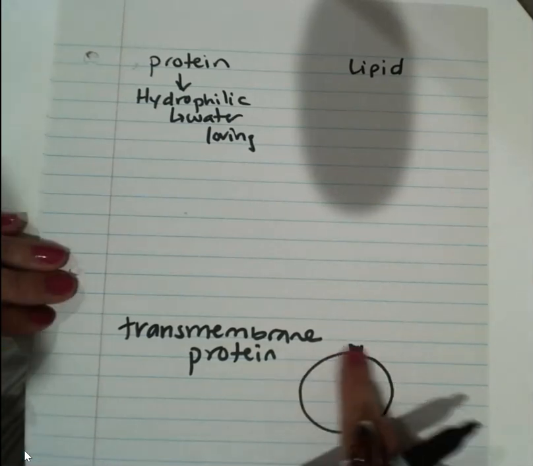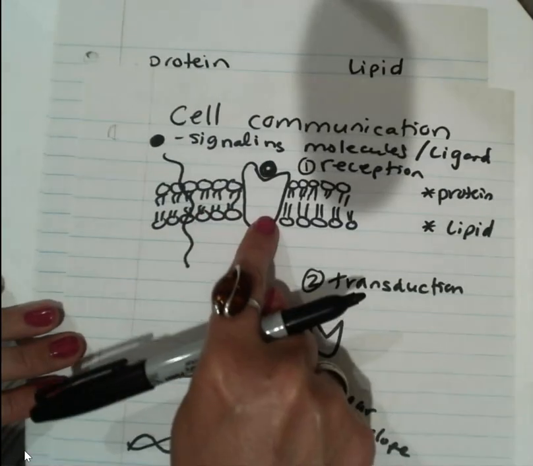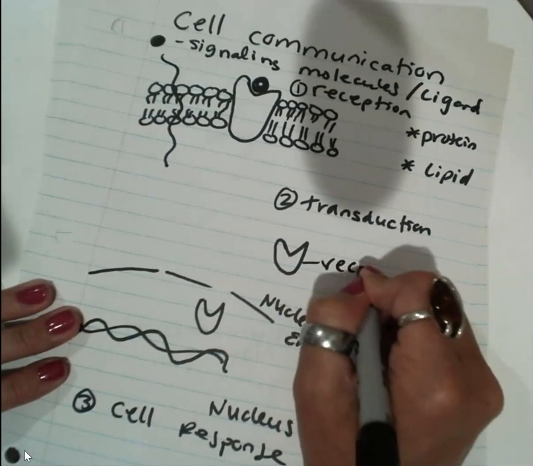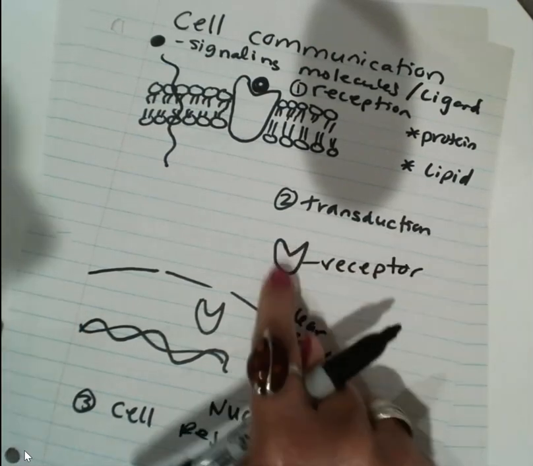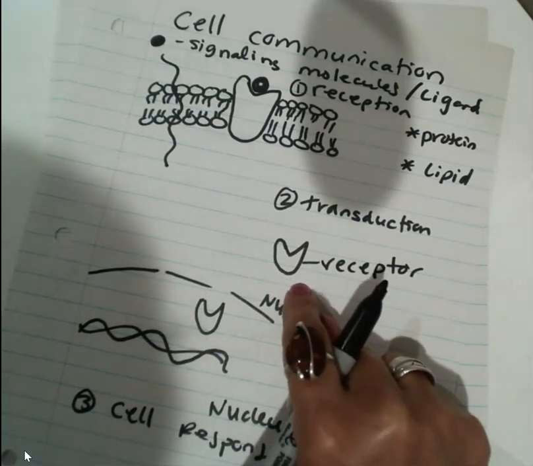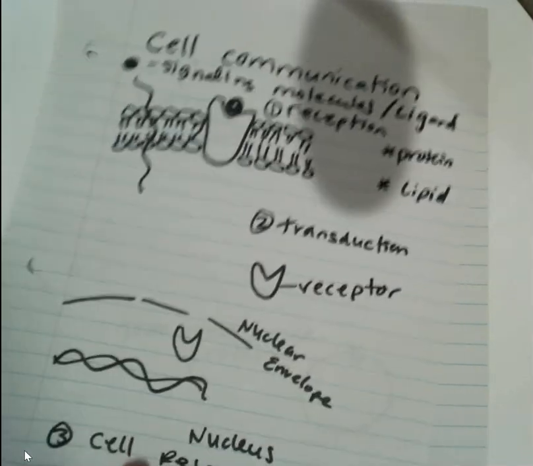So it's located within the cell membrane, like we see in this picture here. This other receptor is also a protein receptor, but it is not a transmembrane protein receptor. It is freely floating in the cytoplasm or in the nucleus, okay?